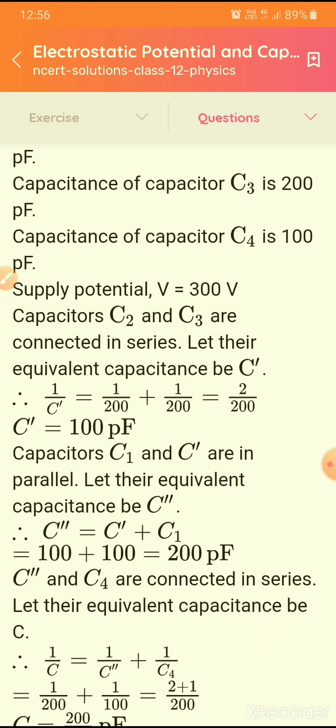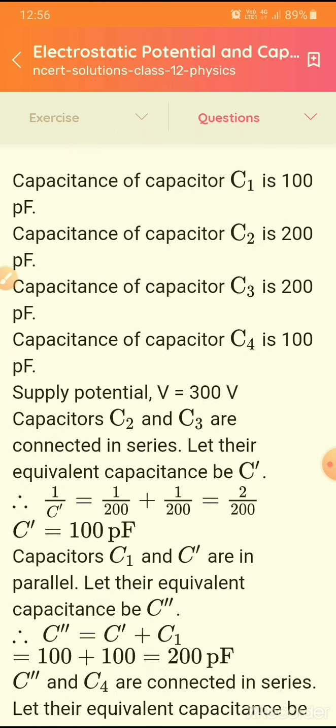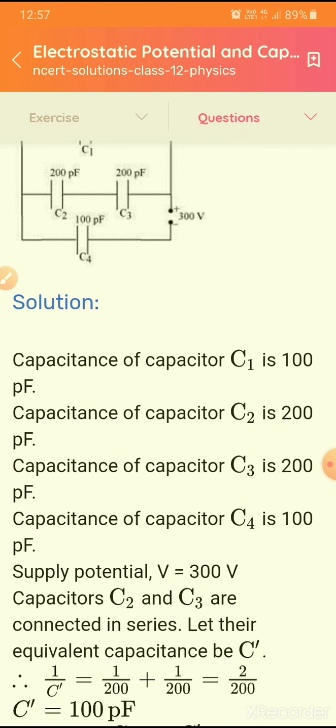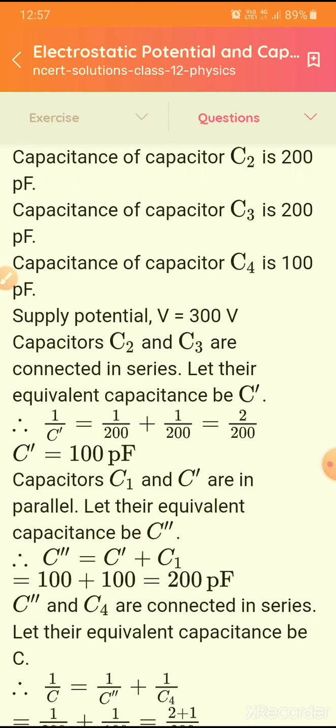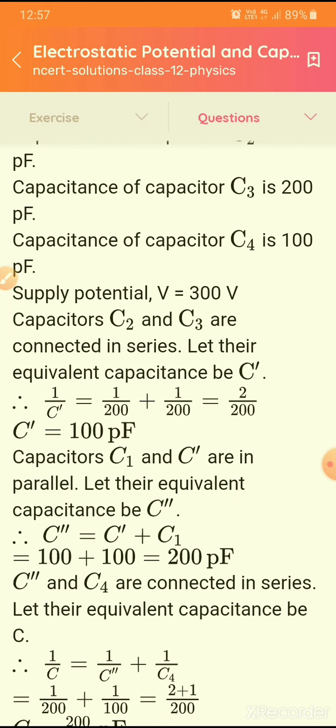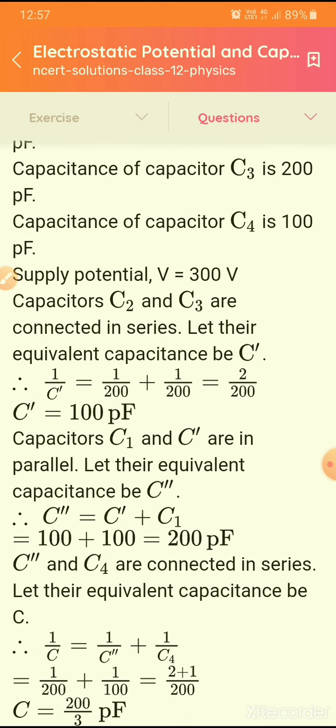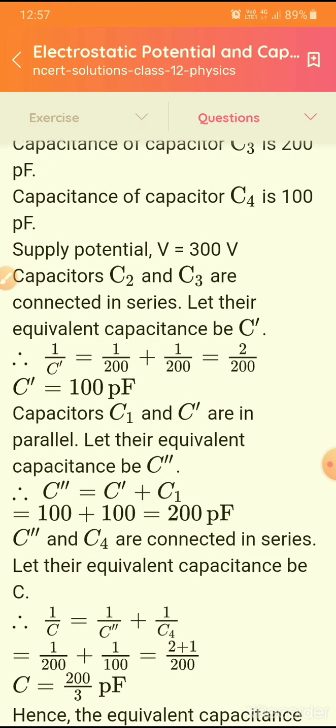So 1 by C dash is equal to 1 by C2 plus 1 by C3. C2 and C3 values are 200 picofarads, so 1 by 200 plus 1 by 200 is equal to 2 by 200. So C dash will be 100 picofarads.